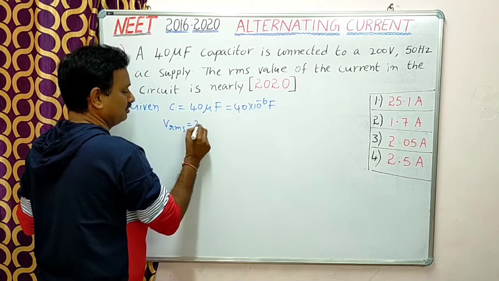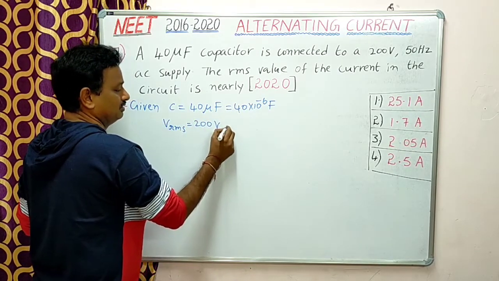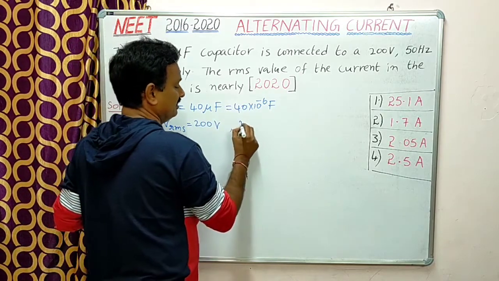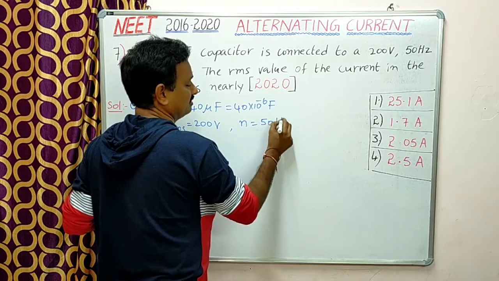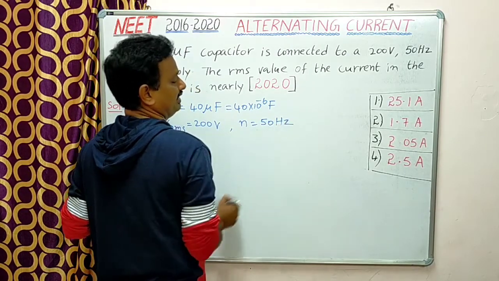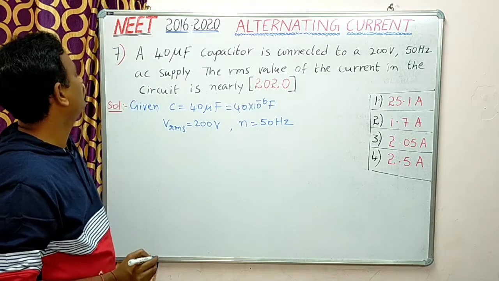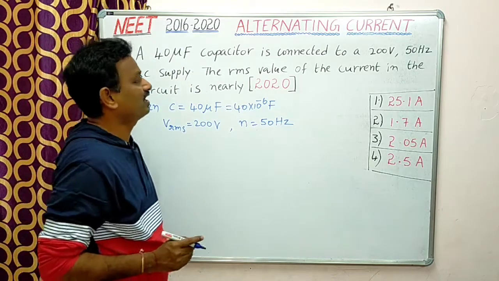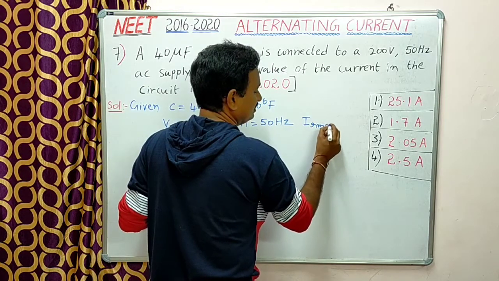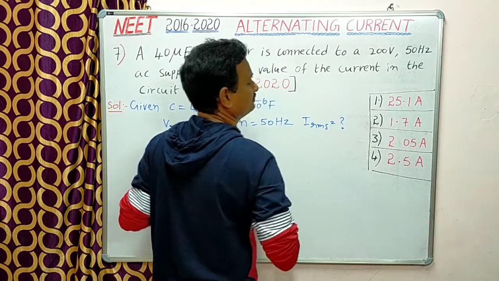Frequency, n is equal to 50 Hz. So you have to calculate the RMS value of current, that is IRMS is equal to question mark.